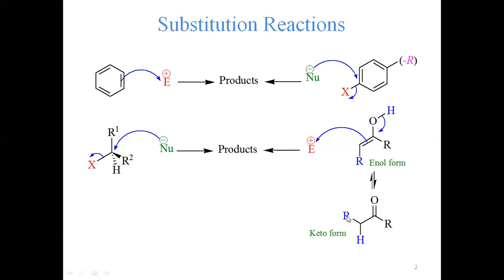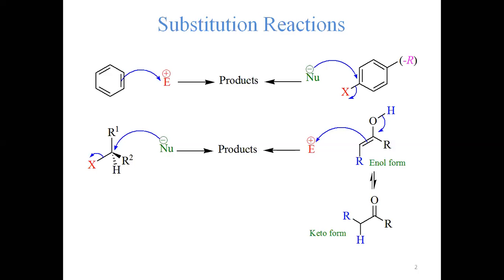Similarly, we have enamine and imine tautomeric forms. Similarly, we may have nitroso-oxime tautomeric forms, etc. There are some other tautomeric forms you have already come across in the previous semester. All such tautomeric forms also undergo electrophilic substitution reactions.